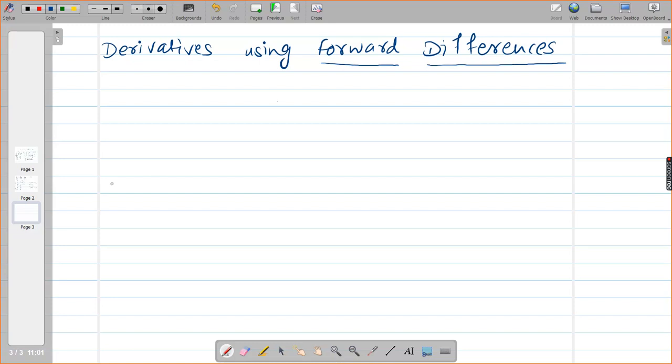We will try to derive 6 formulae from this. So let us start.